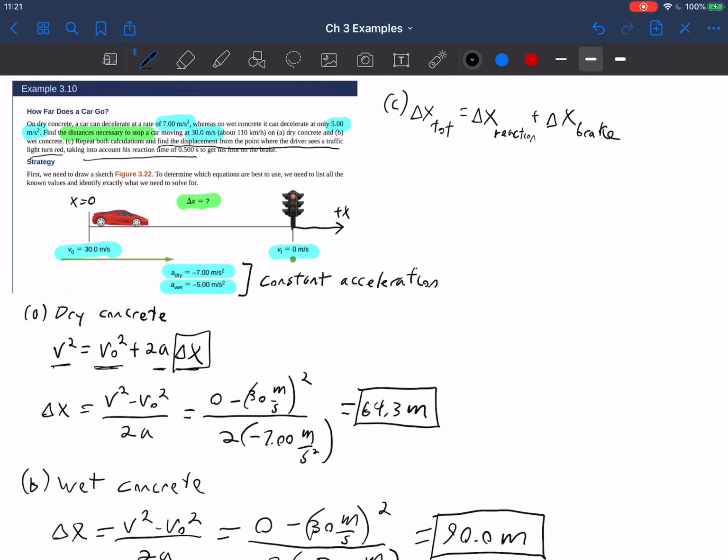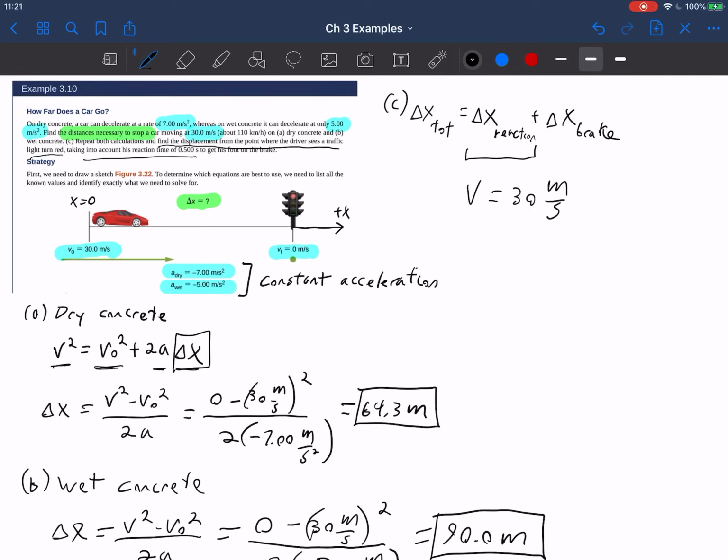Right? And we've already done that. We know that on dry concrete it's going to take 64.3 meters for them to slow down with their foot on the brake, and on wet concrete it's going to take 90 meters. So all we need to really find out here is how far do they travel during that reaction time when they're driving at a constant velocity equal to 30 meters per second.